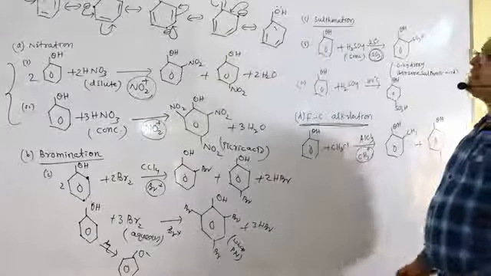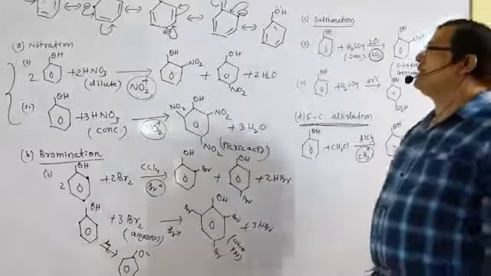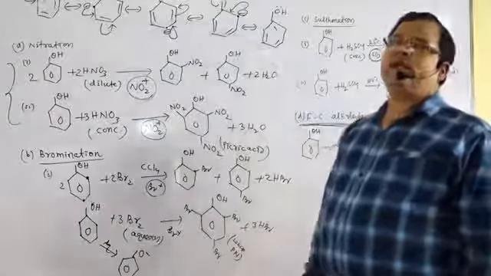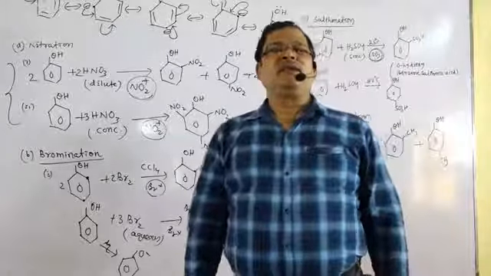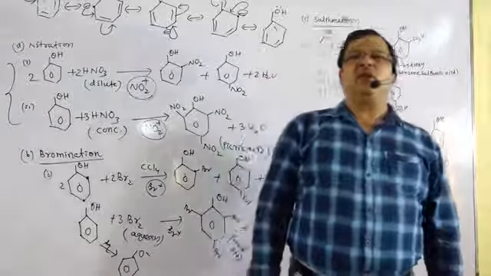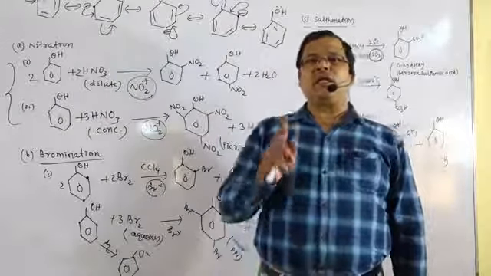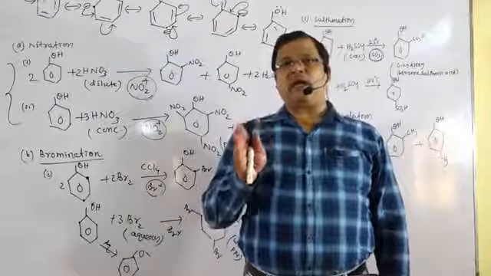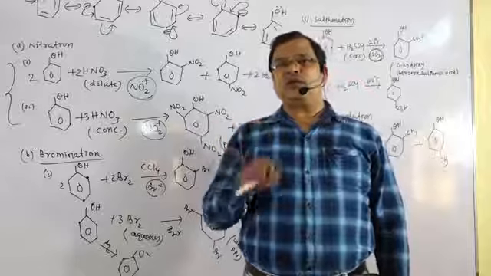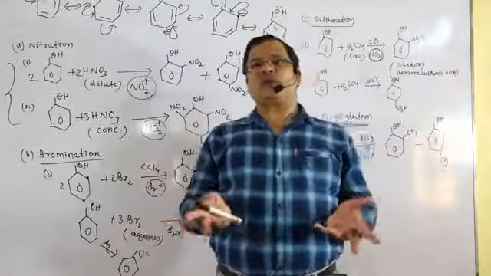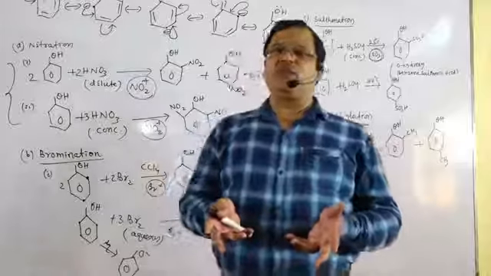So in all these cases, if you mark, either the electrophile NO2 plus, CH3 plus, SO3 or Br plus will get attached either to the ortho position or to the para position, or both ortho and para positions will get occupied by these groups.